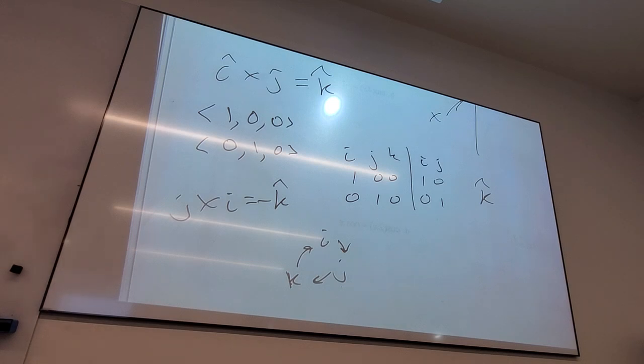Can this work strictly in 2D? No. It's a 3D thing. There are analogs to cross products in higher dimensions, but the direct cross product lives only in 3D. It can't work in 2D because you would have two things and the result would have nowhere to exist. Does that make sense?